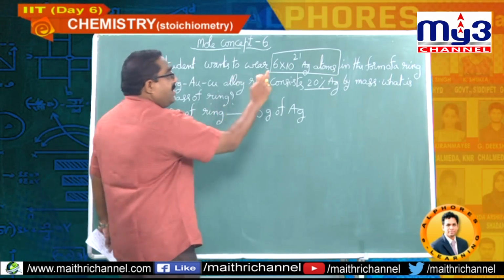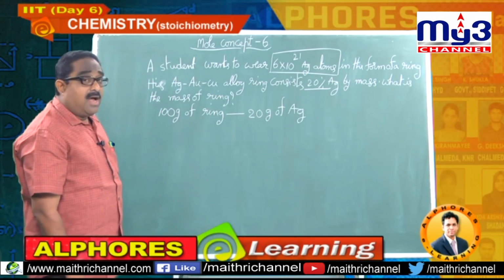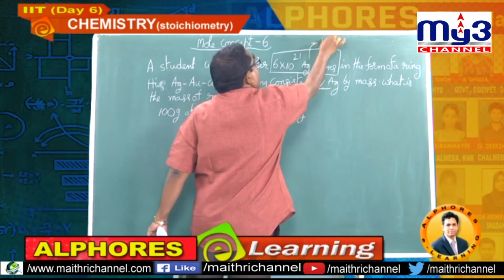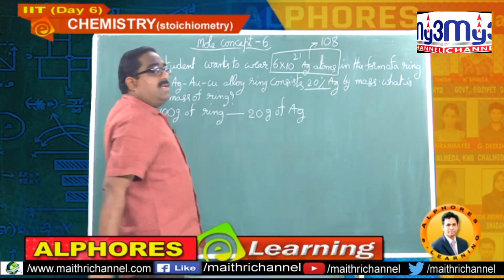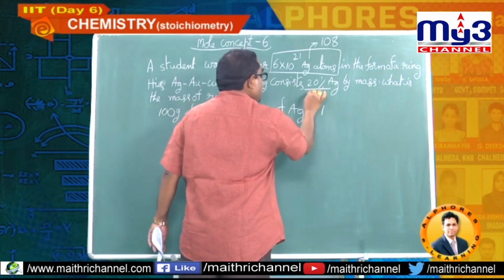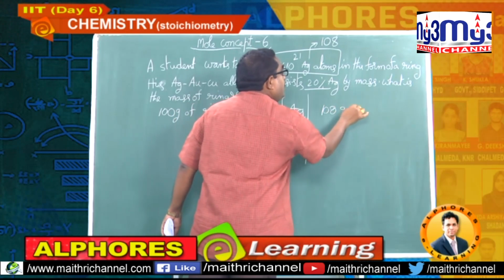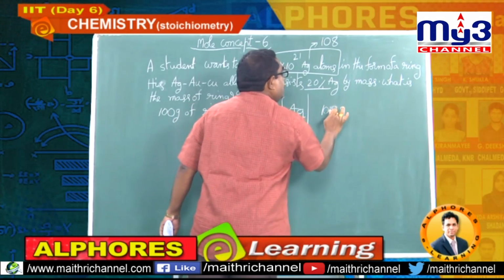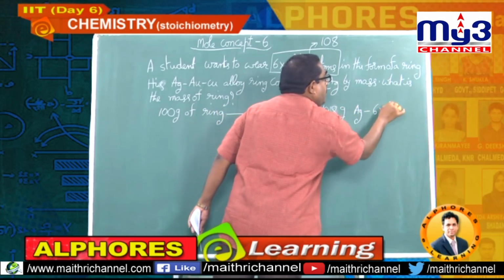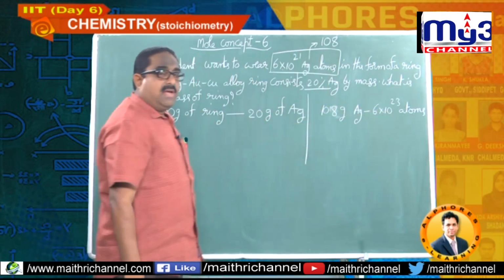So let me convert these atoms into mass based on the definition of gram atomic weight. Atomic weight of silver, I am writing here, students, 108 grams is the atomic weight of silver. It means you can write 108 grams of silver contains 6 into 10 power 23 atoms based on the definition of atomic weight, students.